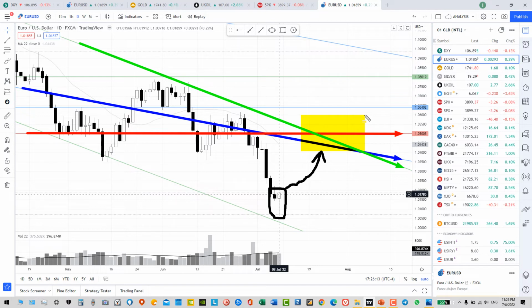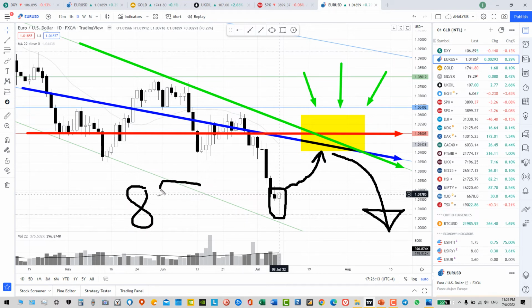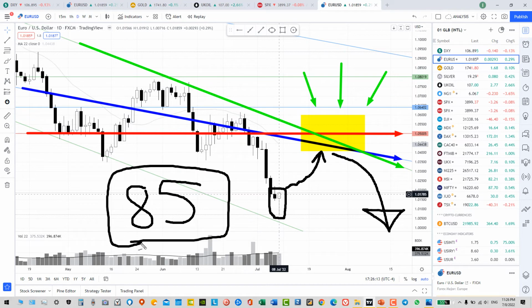So this area will be considered a red zone against any corrective move to the upside. And it's expected, of course, that when selling pressure reappears around this area, things may turn again to the downside, targeting over the long term the 0.85 level, or the 85 cents level.